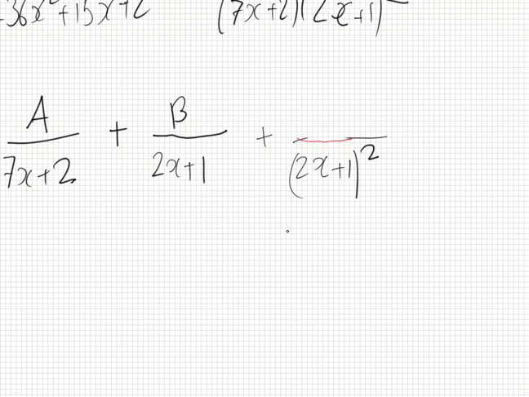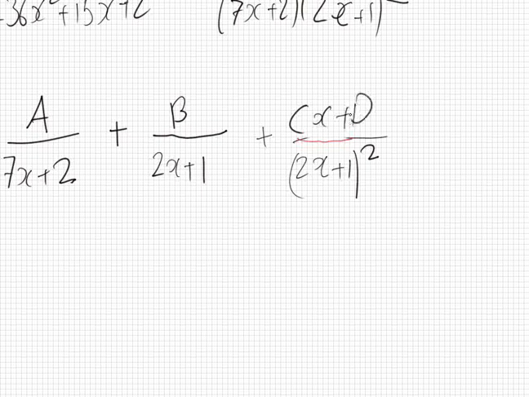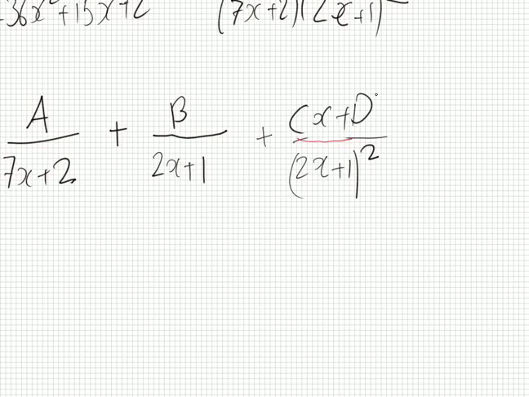So this is linear, so it gets a constant on the top. This is linear, so it gets a constant. And this is quadratic, so up the top here is actually a linear. So it's not C, it's actually this. Cx plus D. And that's the general rule when you're breaking this up. And you should note that its numerator needs to be a power lower than the denominator when you separate it. Must be.